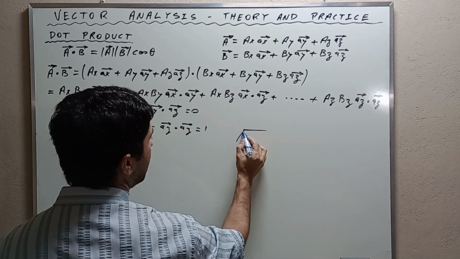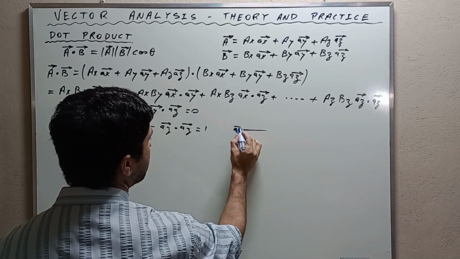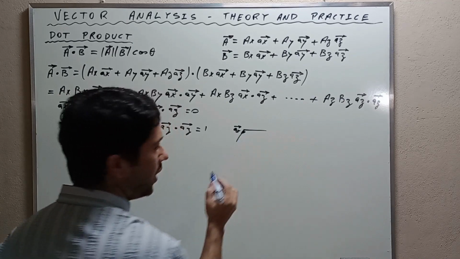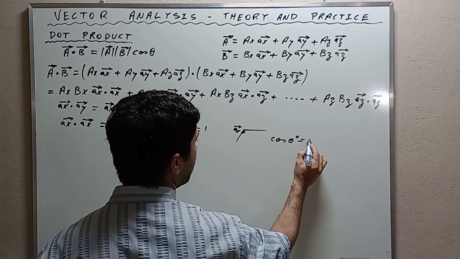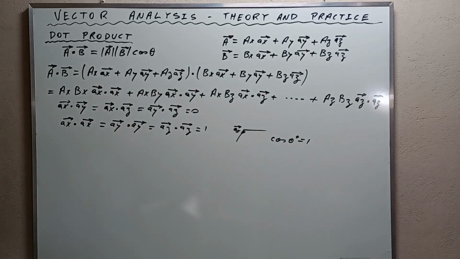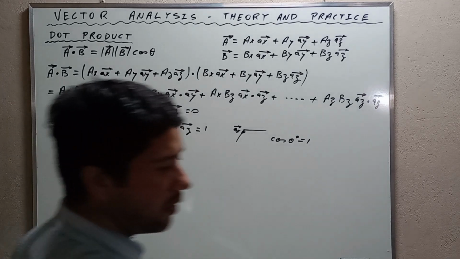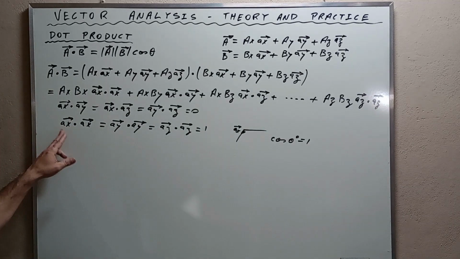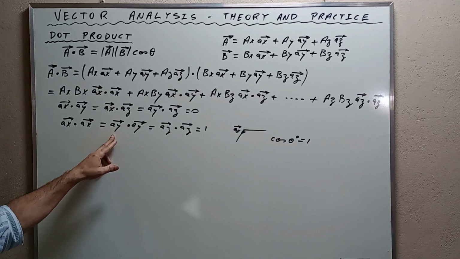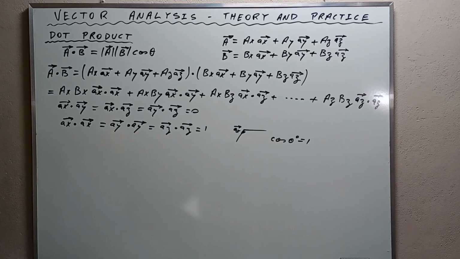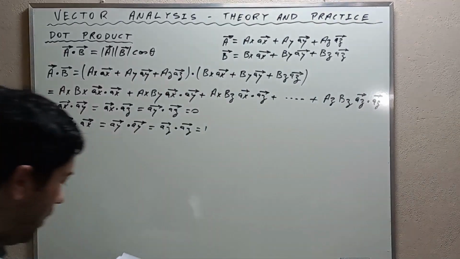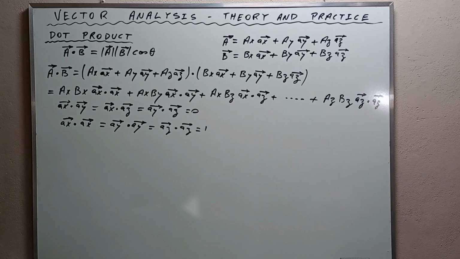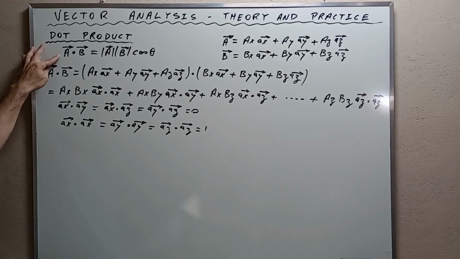Let's suppose that ax is here, okay? ax with ax, the angle between them is 0 degrees, and the cosine of 0 degrees is 1. Okay, then the dot product between ax and ax, ay and ay, and az and az is 1. That's the reason. Okay, this is one way of doing this.